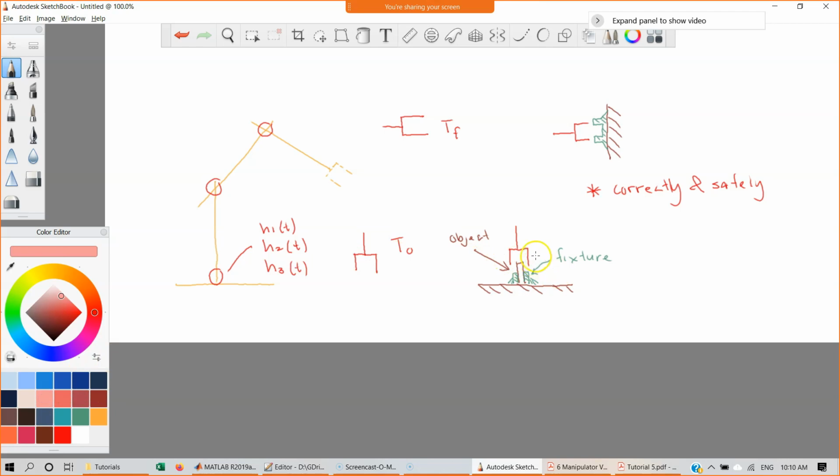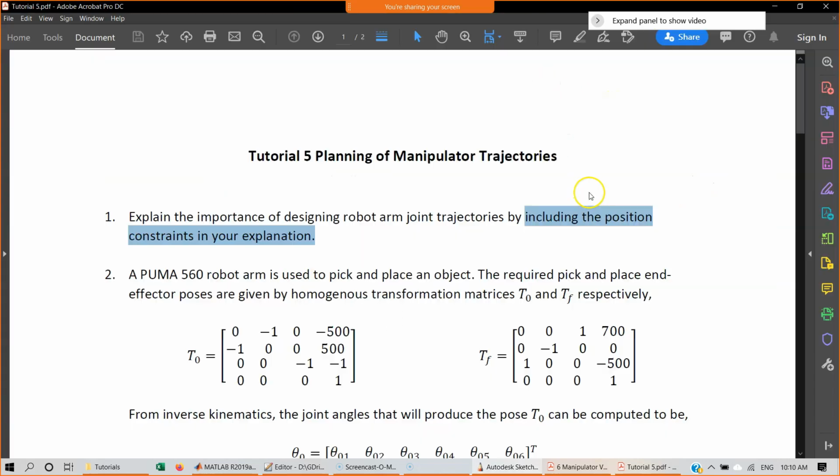So I have the initial pose, lift off pose, the set down pose, and the final pose. So these are the position constraints. Okay, so of course you can make your own sentences and lines and paragraph figures to answer this question.